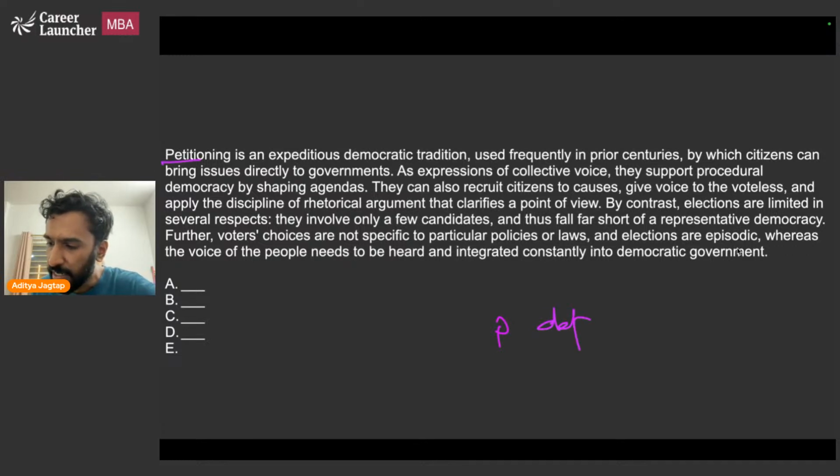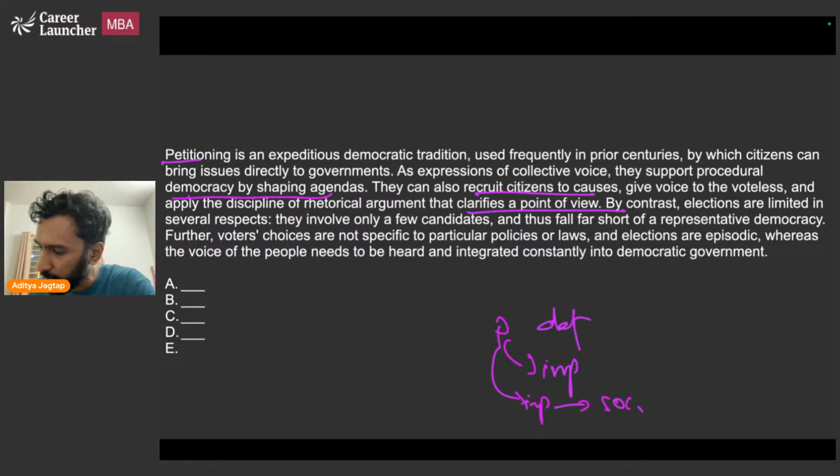The second sentence, as expressions of collective voice, they support procedural democracy by shaping agendas. So impact of petitions, shaping democracy. They can also recruit citizens to causes, give voice to the voteless, apply the discipline of rhetorical argument that clarifies a point of view. So they can clarify a point of view, recruit citizens. So again, impact on, let's say, society.